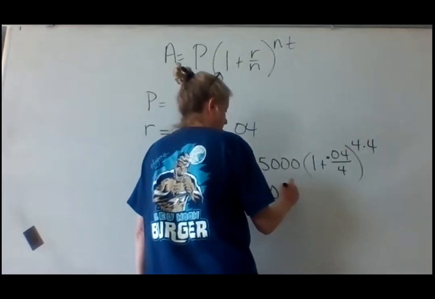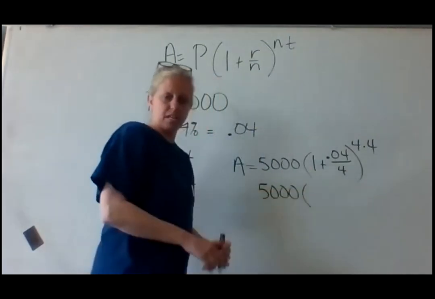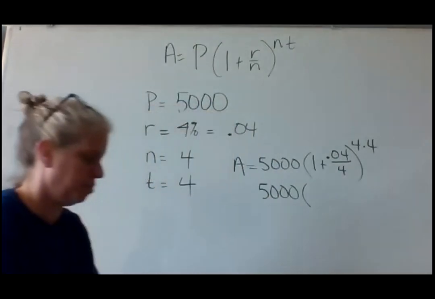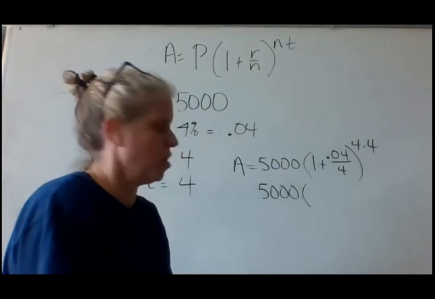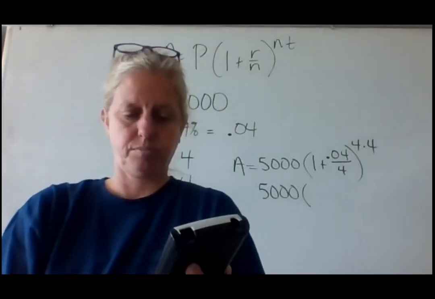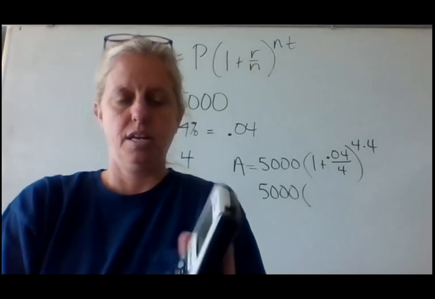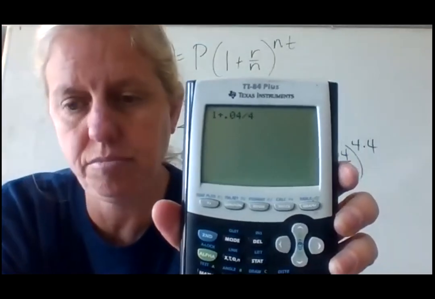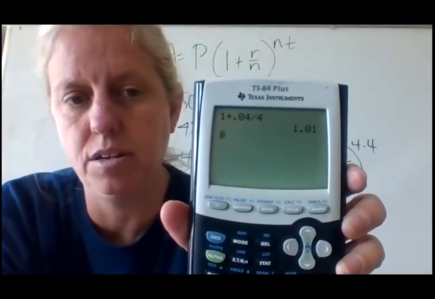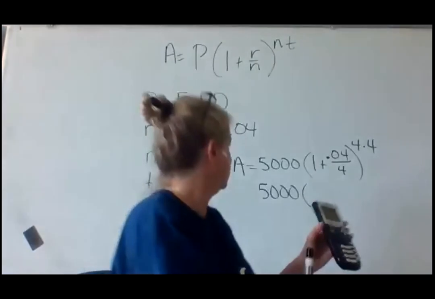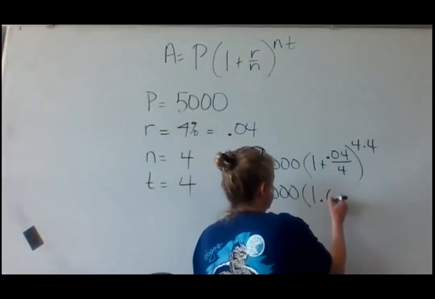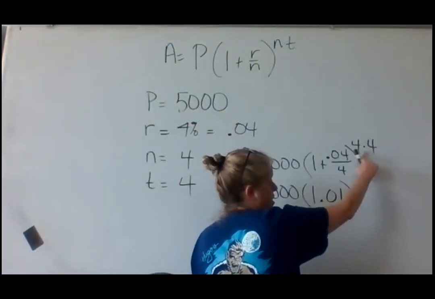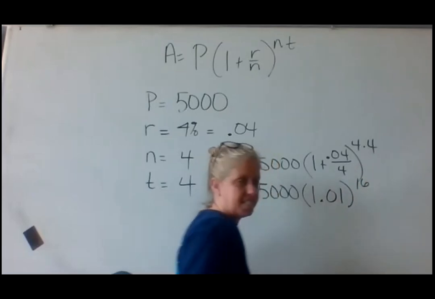So I have 5,000 times, let's see, what is 1 plus 0.04 over 4? Just tell your calculator exactly that. So it's 1.01. My exponent is 4 times 4, so it's 16.